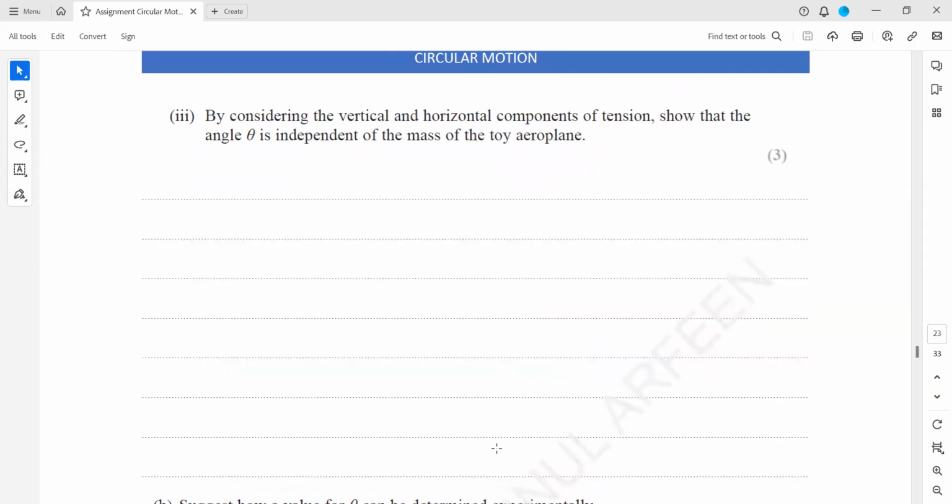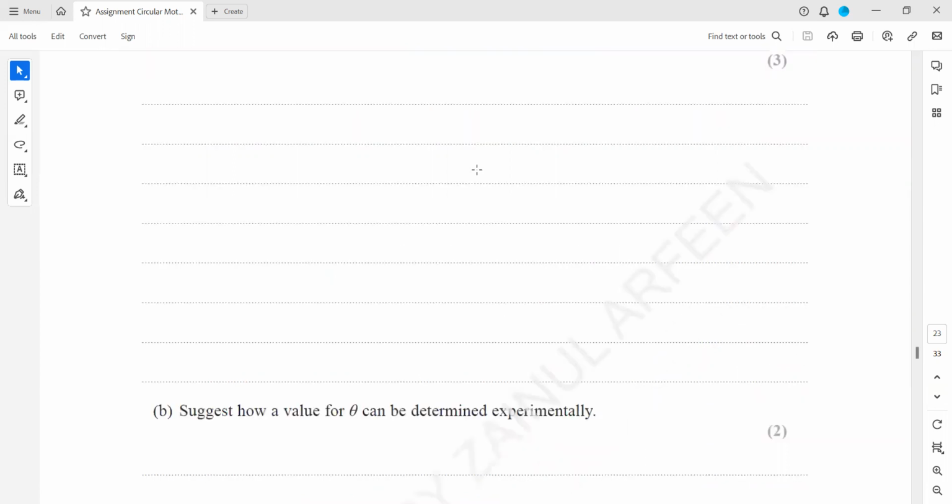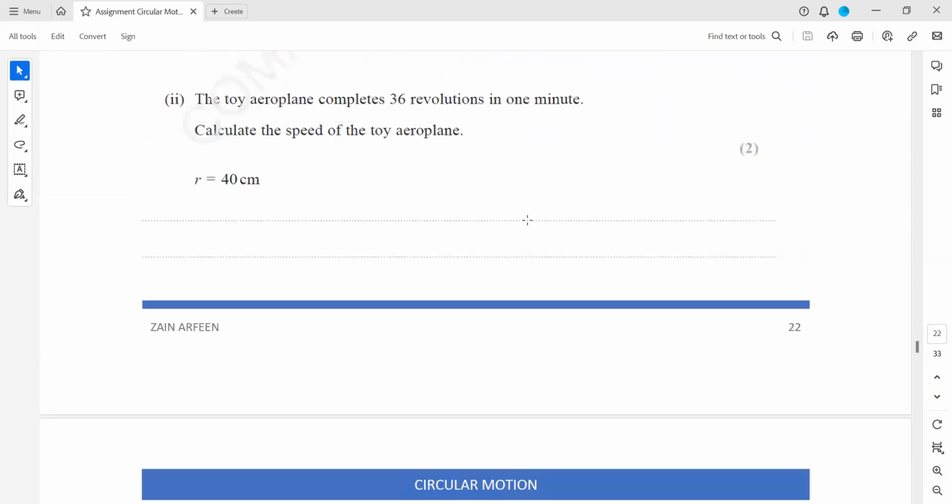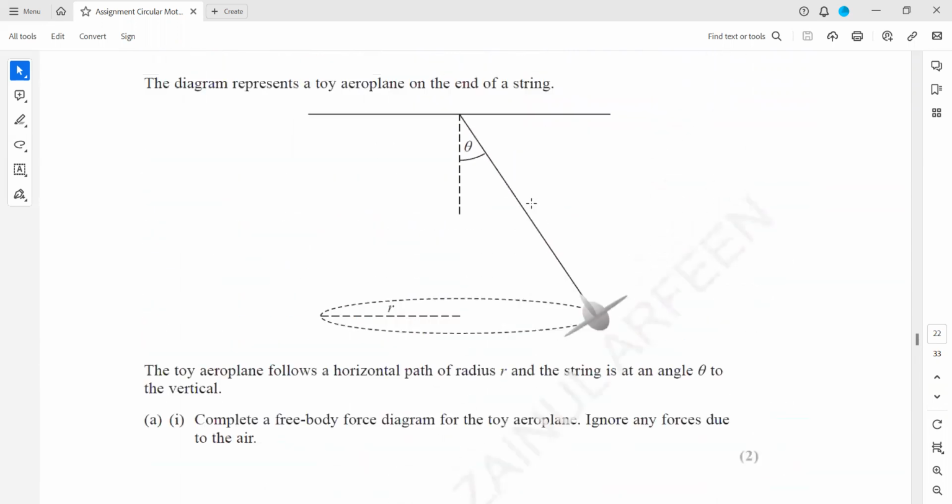By considering the vertical and horizontal components of the tension, show that theta is independent of the mass of the toy. So this is a short derivation. You have to show that theta does not depend on the mass of the toy, like the mass will cancel out.